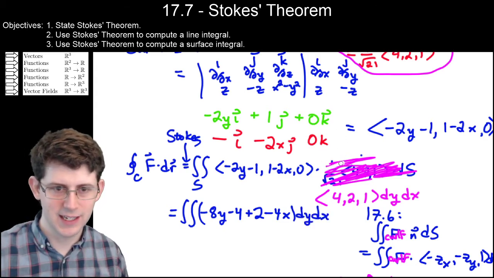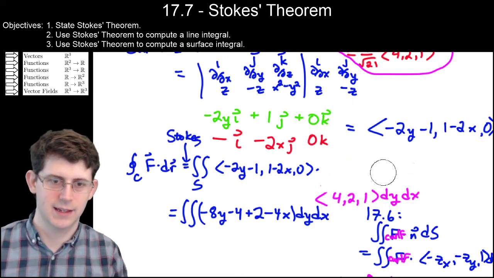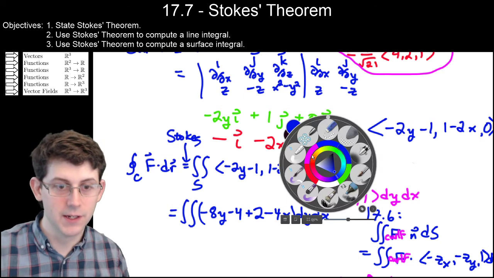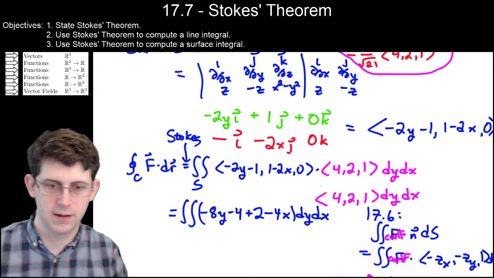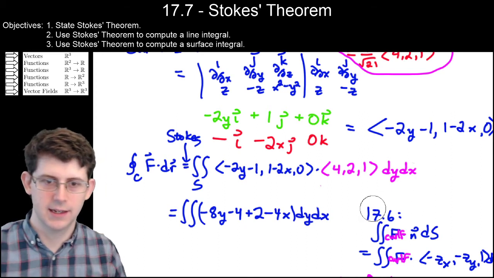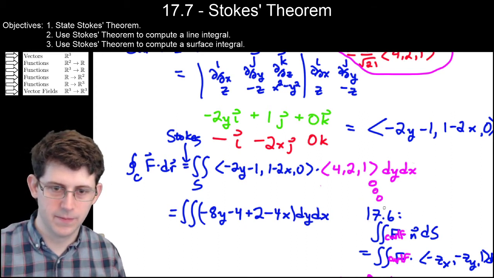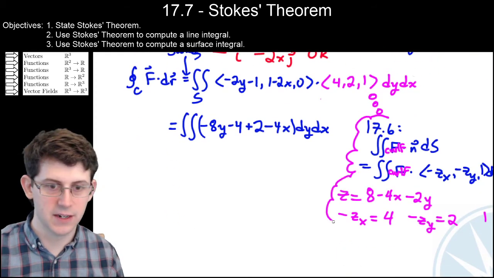I kind of want to redo all of this, but there's only finite time in the world. So this ⟨4, 2, 1⟩ dy dx comes from this insight we had when we were doing surface integrals.